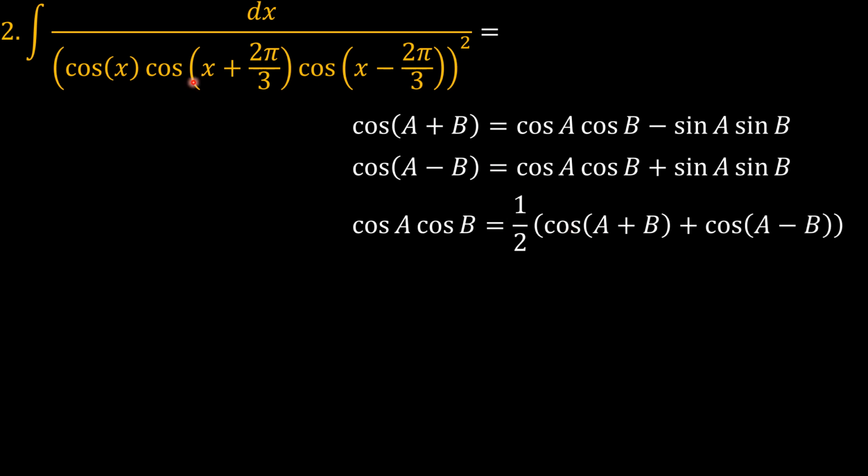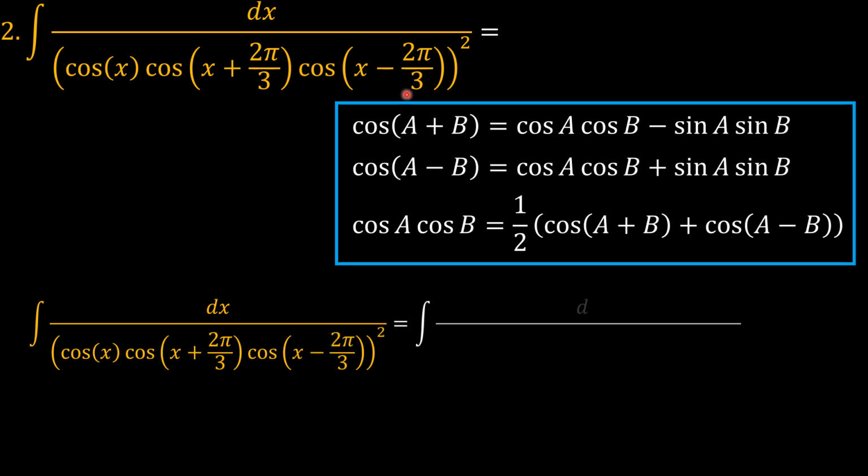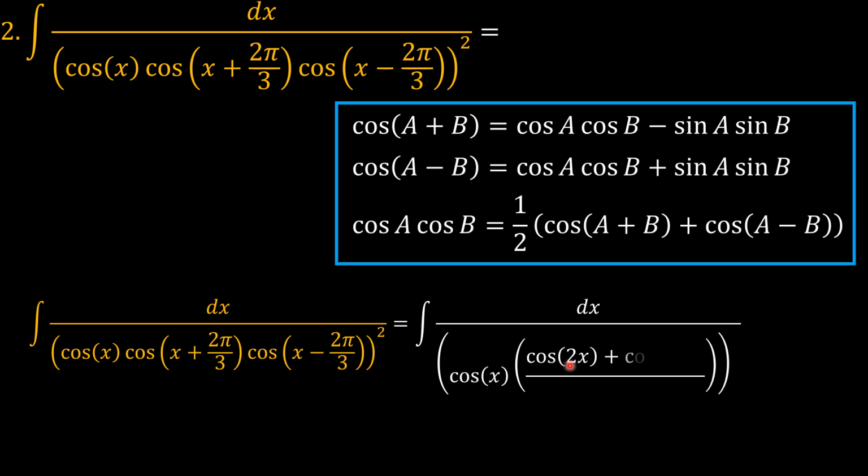So focusing on these two parts here, we can now have our integrand being 1 over, adding x plus 2 pi over 3 plus x minus 2 pi over 3 becomes 2x, and then when you get the difference, it becomes 2 pi over 3 minus negative 2 pi over 3, which becomes 4 pi over 3. And so we have cosine x times cosine 2x plus cosine 4 pi over 3 over 2, and we still have a square here.